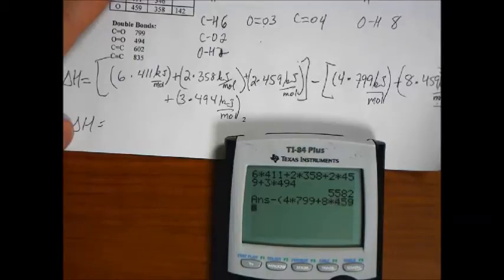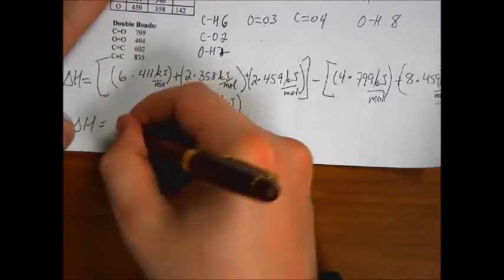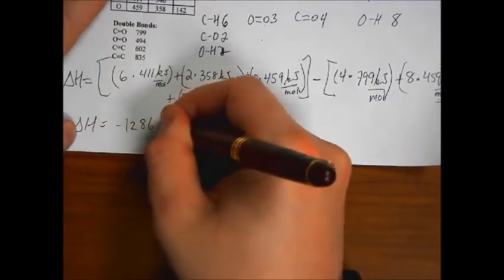Plus 8 times 459. Okay, so we get a delta H equal to minus 1,286 kilojoules for that reaction. And then that should be everything. Okay, so moving along, I just got to grab the other page.